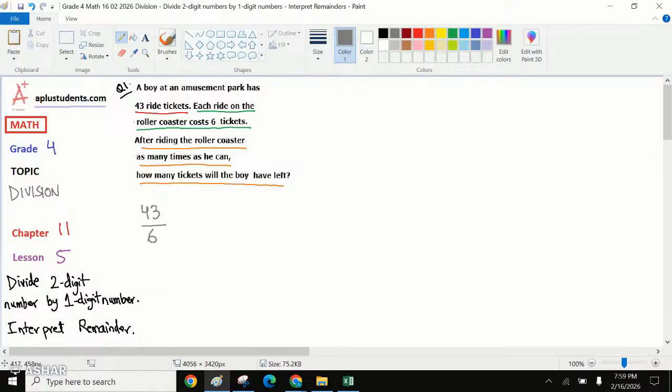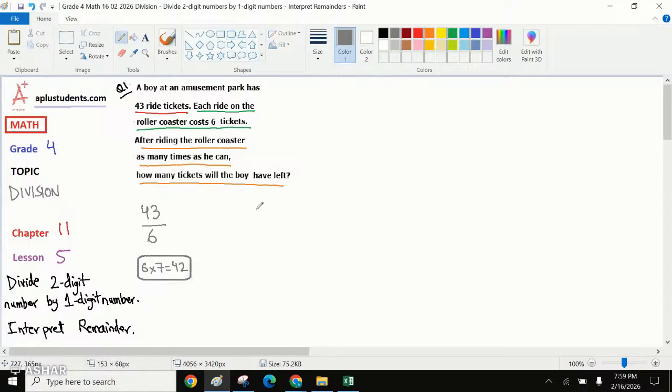See, we know that 43 cannot be perfectly divided by 6, right? But we know that 6 times 7 is 42. Agreed? We cannot find 43, right?